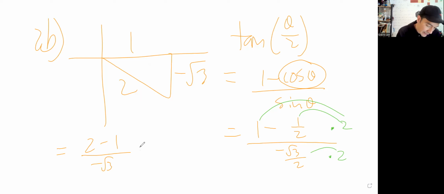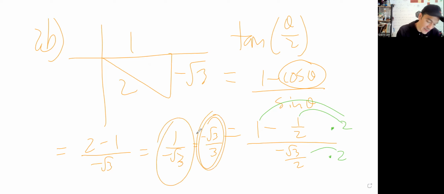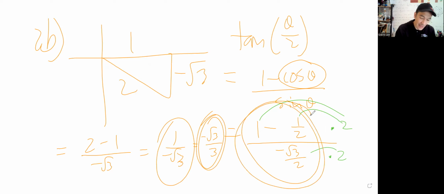But either way, 1 over negative square root 3. And if you rationalize, you get a final answer of negative square root 3 over 3. You could have left it like that or like this. It doesn't really matter. I'll accept either one. But do try to clean up something that looks like this. Just type it into your calculators, and don't give me a weird decimal for a problem like this. We want the exact answer, which could be either one of these two.